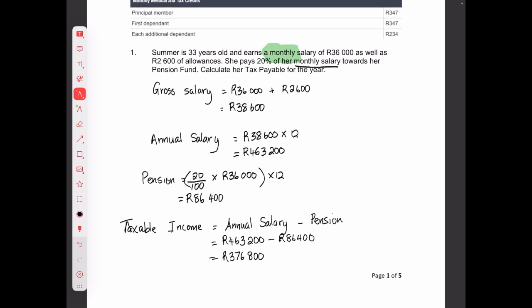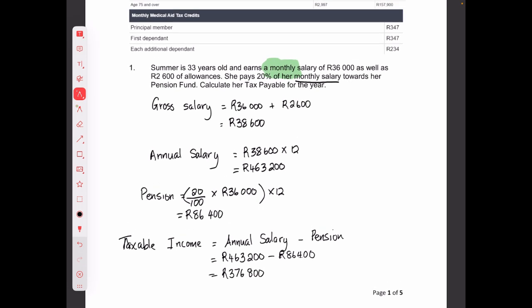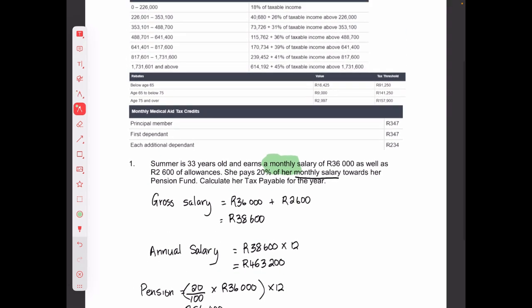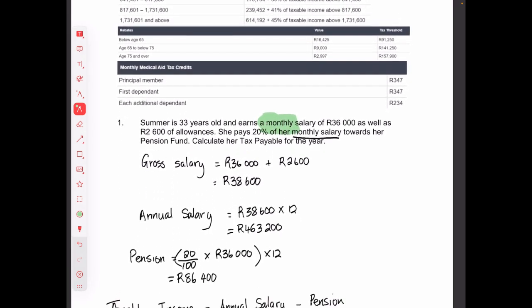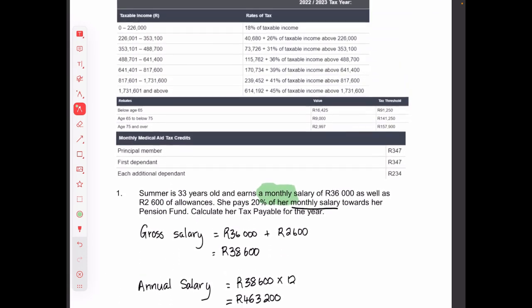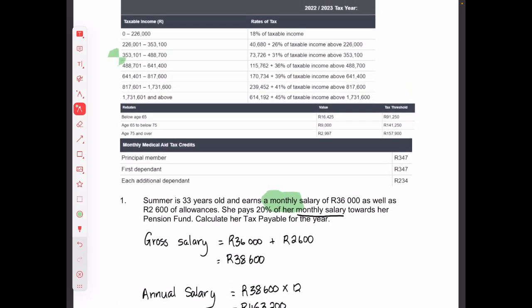So if we go and look at our tax table, we look for the bracket in which this amount falls within. And we know that it's 376, so we're going to be looking at that tax bracket.